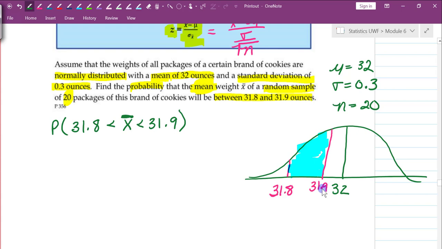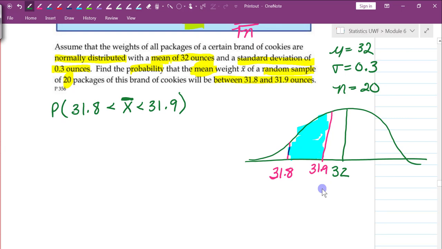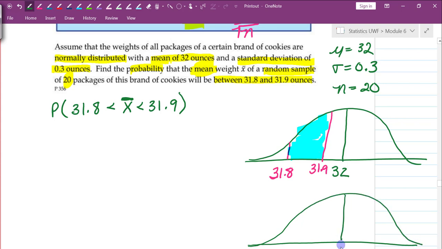I need to find out how many standard deviations away from the true population parameter of mu those average weights are, and then I can determine the probability of this event occurring. So we're going to draw our standard normal curve that represents this exact same situation, and we're going to have a z here and a z here. I don't know what those values are. I have to calculate those values.